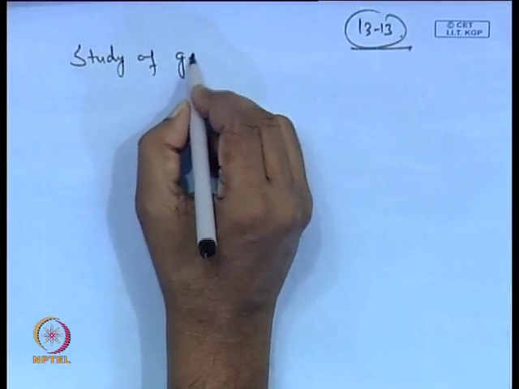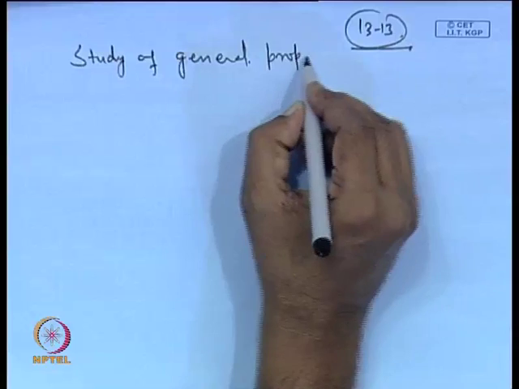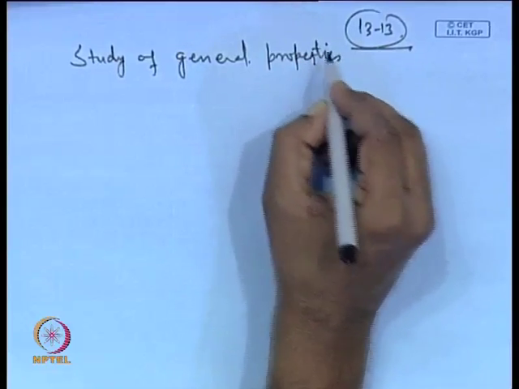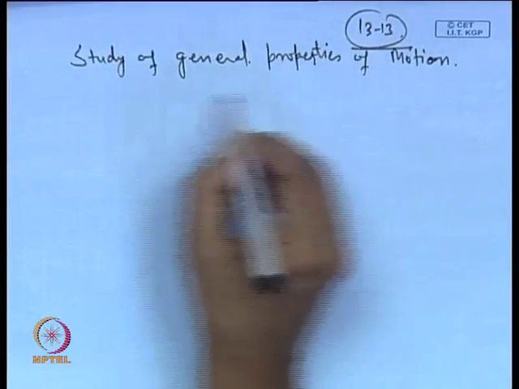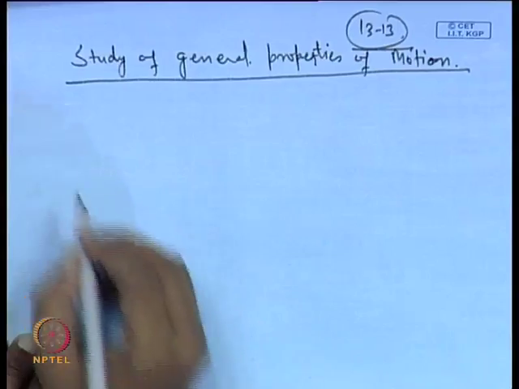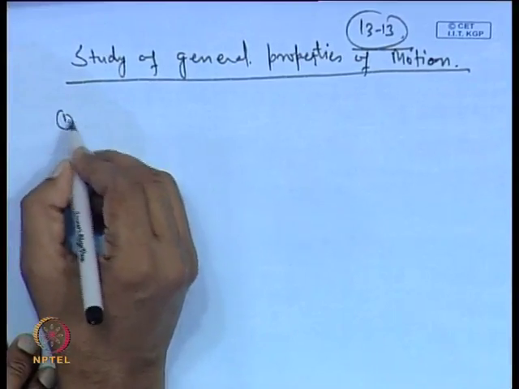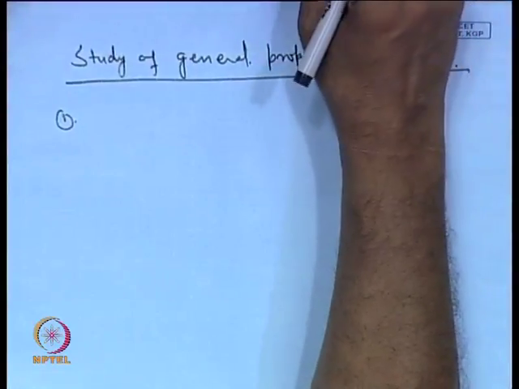Study of general properties of motion. In studying these general properties of motion, as we have seen for the two body case, if we take the cross product, then we get the angular momentum term that turned out to be a constant.